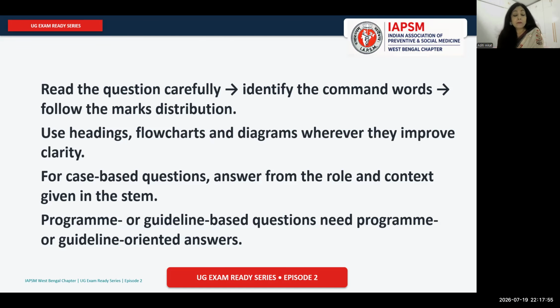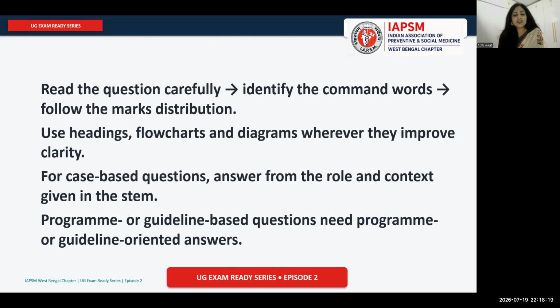So it is very important you read the question carefully, identify the commands, and follow the marks distribution. Just because you know it doesn't mean you have to write it down. So use headings, flowcharts, and diagrams wherever they improve the clarity.